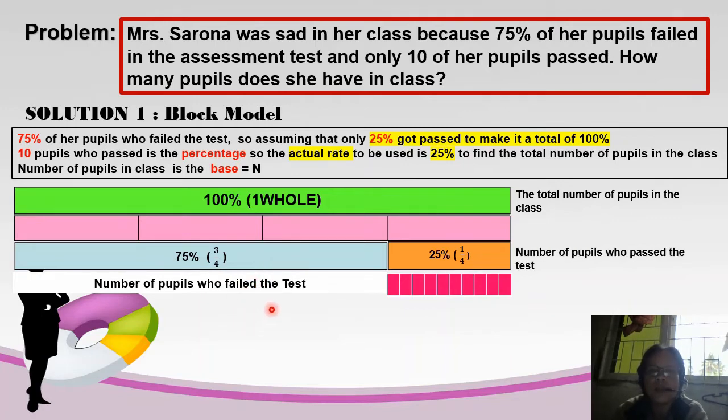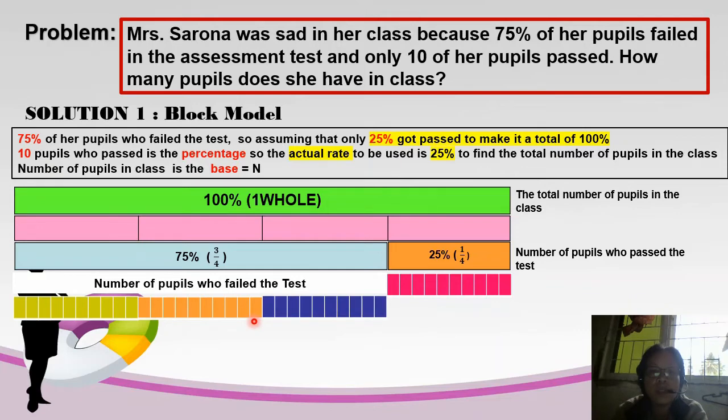So let's try now. We have here the first block, which also consists of 10 smallest blocks. Second part, we have another 10 smallest blocks. And third part, we have another 10 smallest blocks.